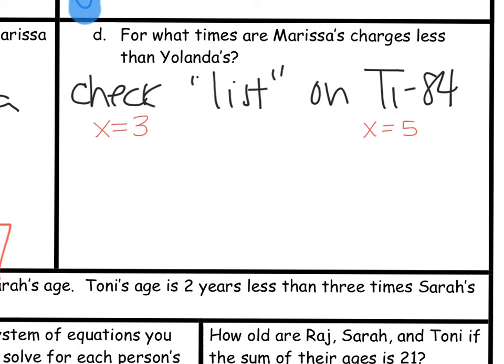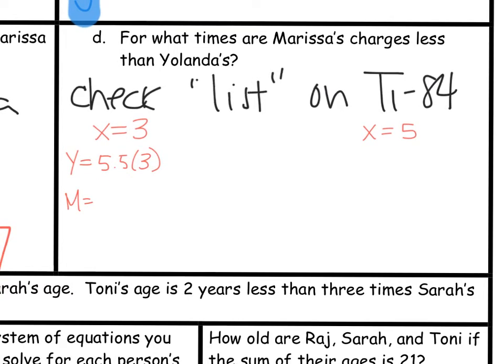So for Yolanda, it would be $5.50 times 3, and for Marissa, it would be 50 cents times 3 hours plus 20.